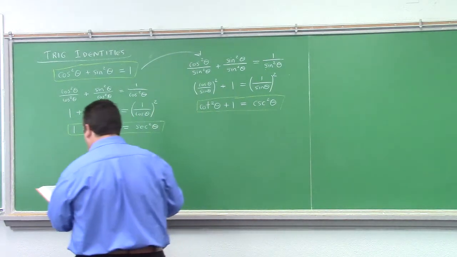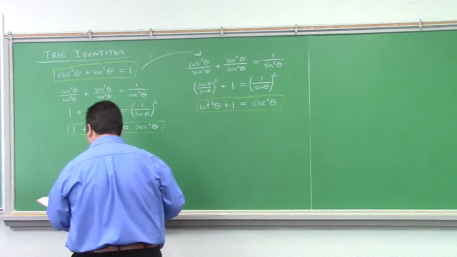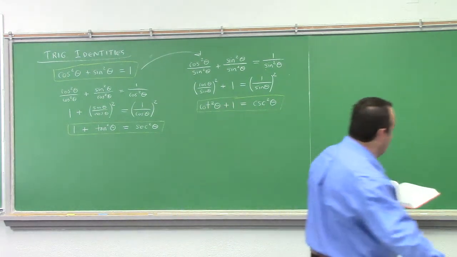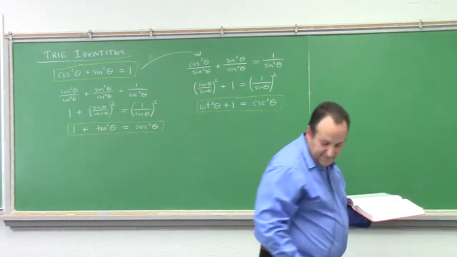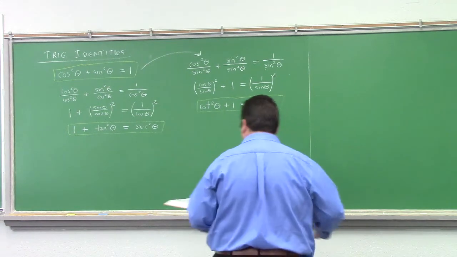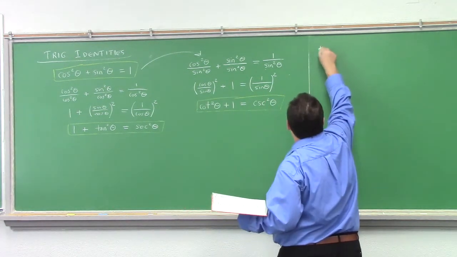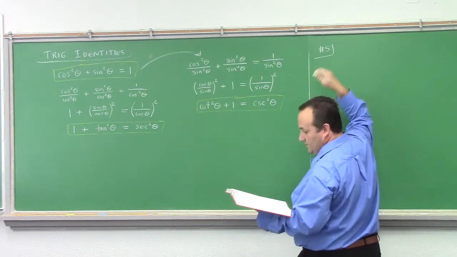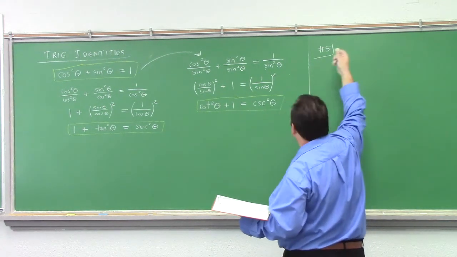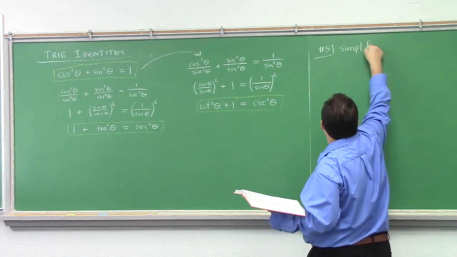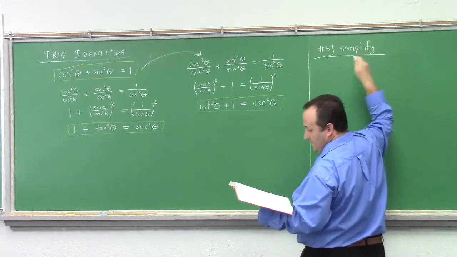And so let's just start going down the list here and working a few. I'll start out with a real easy one. It's number 5. And we're just supposed to, it says simplify the expression, all right? Simplify. And here's the expression.